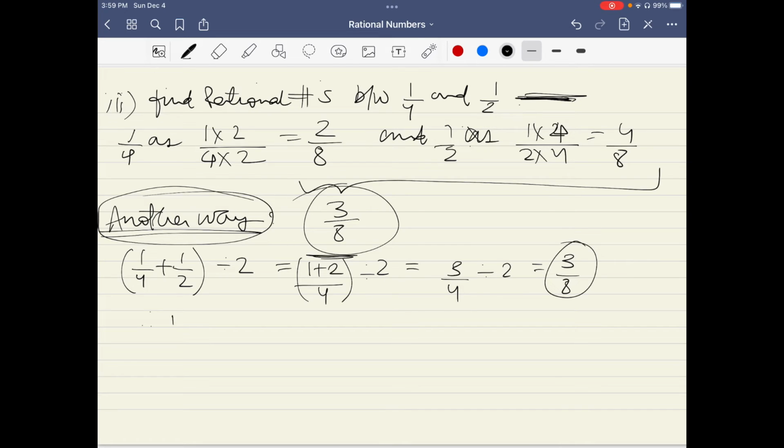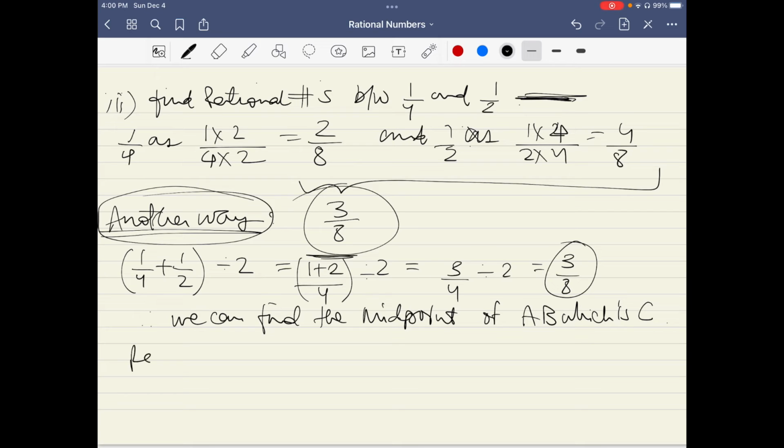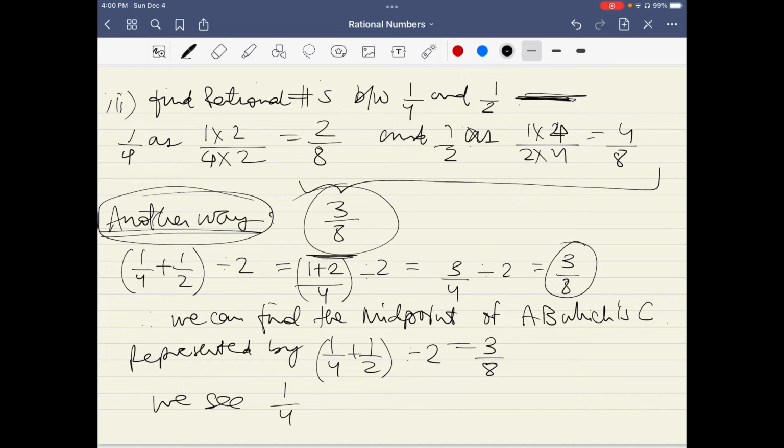Therefore, we can find the midpoint of A and B, which is C, represented by 1 over 4 plus 1 over 2 divided by 2 equals 3 over 8. We see that 1 over 4 is less than 3 over 8, less than 1 over 2.